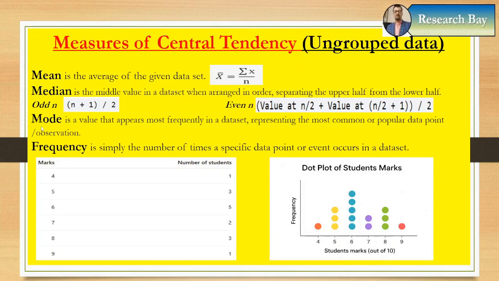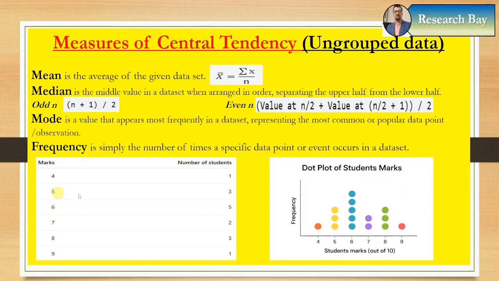What is mode? Mode is a value that appears most frequently in a data set, representing the most common or popular data point. Now, looking at this chart, this table, can you tell me what is the mode over here? It is that value which appears most frequently. So we see that 6 marks is occurring most frequently, as in 5 students are lying on 6.